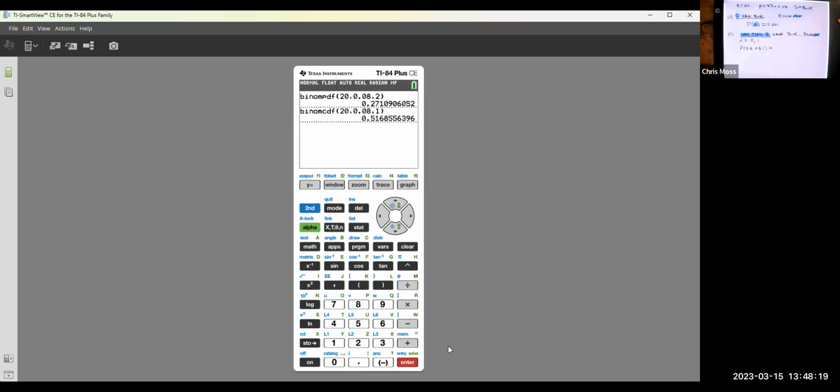And I get a 0.517. And that's because the way this is worded, we're starting our counting at 0 and we're ending it at a value we choose, which in this case is 1.